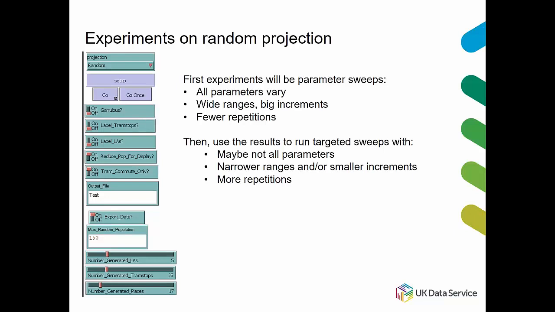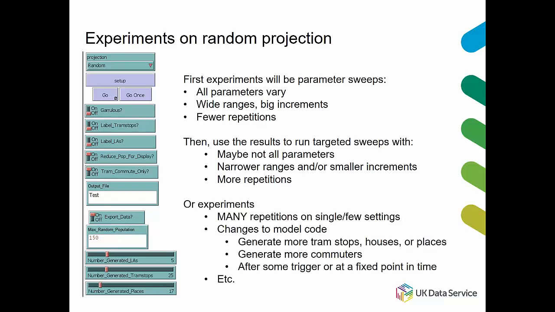I doubt that this would be true, but if my results showed that there was no difference between those, I would just pick one and go with it. I wouldn't continue to vary that as a parameter in future parameter sweeps. If you get through the second round of parameter sweeps, you would then go on to run actual experiments, which are many, many repetitions on a few settings, maybe only one setting, depending on how your model is set up.